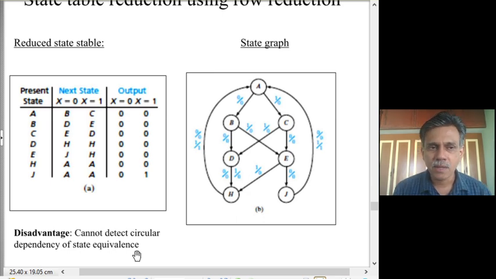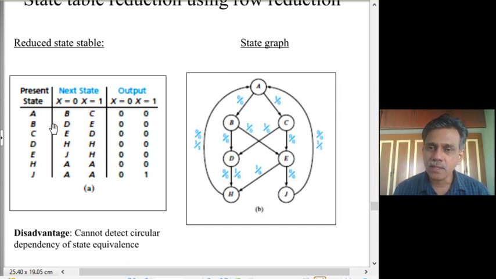For example, you may say that A and B are equivalent when C and D are equivalent, and C and D are equivalent when E and F are equivalent, and in turn E and F may require A and B to be equivalent. So there may be a circular dependence.